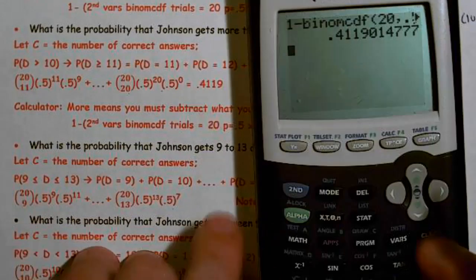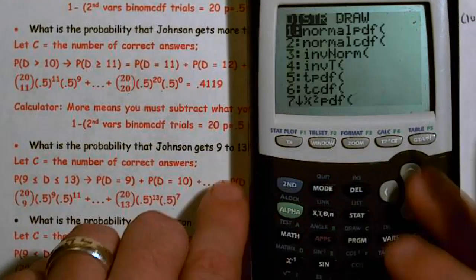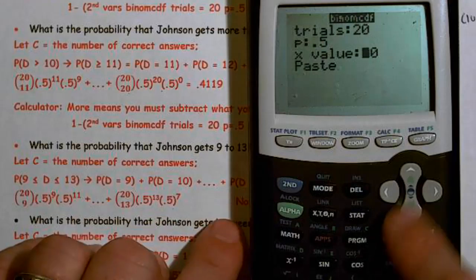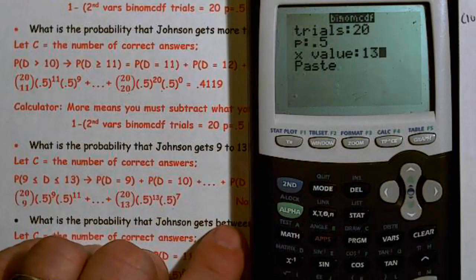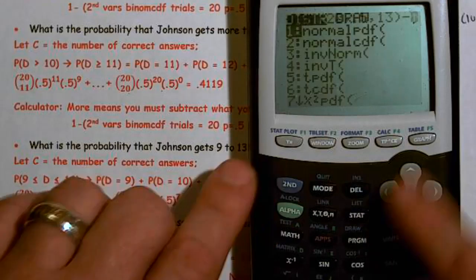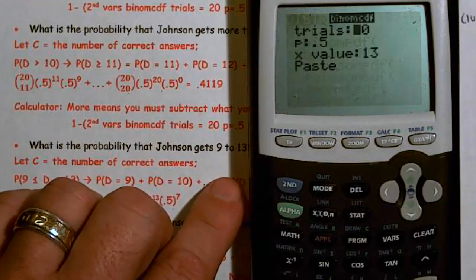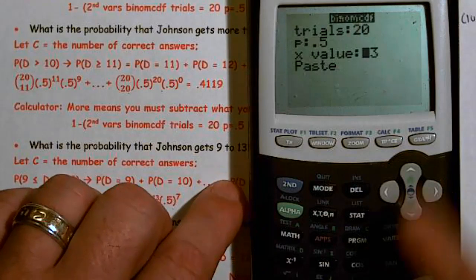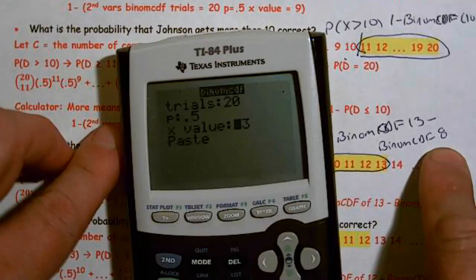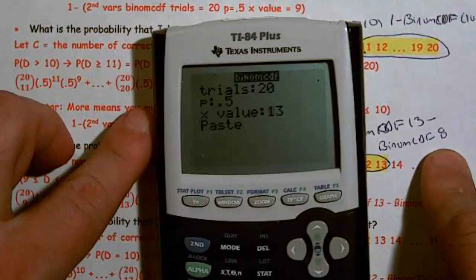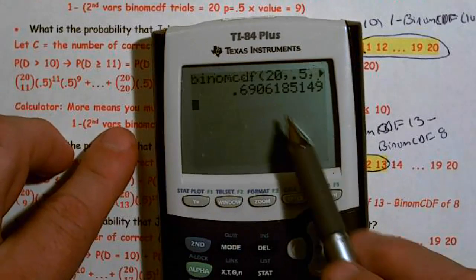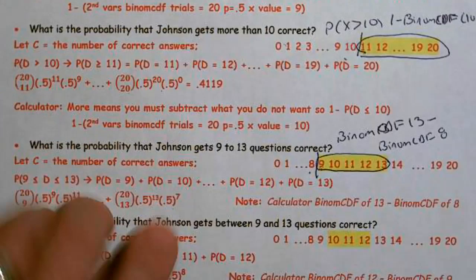So, 2nd VARS, binomial CDF, X value happens to be 13, minus 2nd VARS, binomial CDF, X value, highest value I didn't want. I wanted 9, so I'm taking away 8. That's the highest one I don't want. And I end up getting 0.6906.